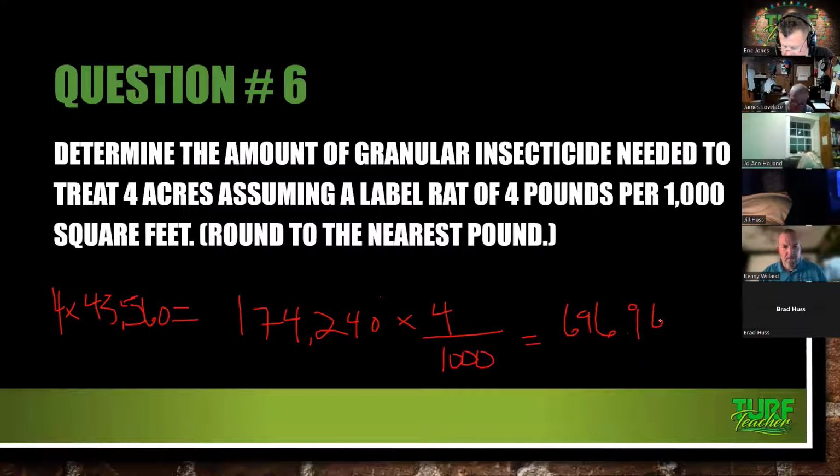It depends on how many times we carry out our decimals, but we're right there at 697. How many 50-pound bags? 697, quite a bit, about 14. Insecticides may come in 40 pounds. It just depends on what we're getting.